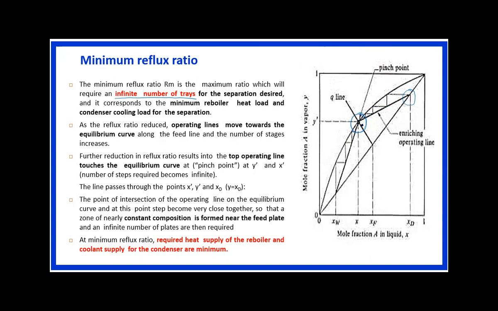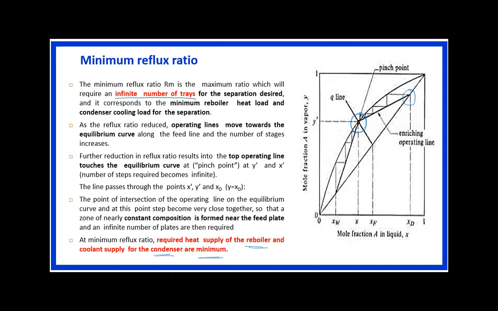So if the reflux ratio is minimum, it means we are supplying less liquid. It means the heat load on the reboiler as well as on the condenser is minimum. If you provide minimum liquid, obviously the load on the reboiler is less.